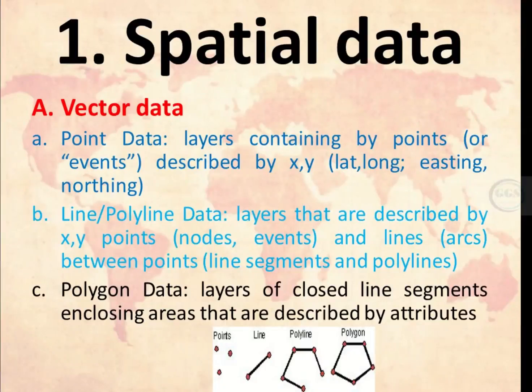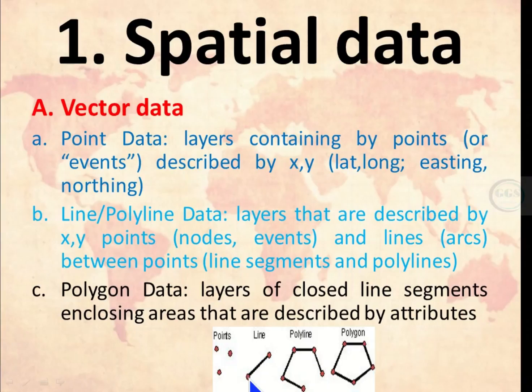Spatial data can be a vector data which can represent points and is usually denoted by X and Y. Permit me to use the mouse. Just like this. This is a point data represented by X and Y. And secondly, a vector data can also be a line or polyline data, just like this, a line.